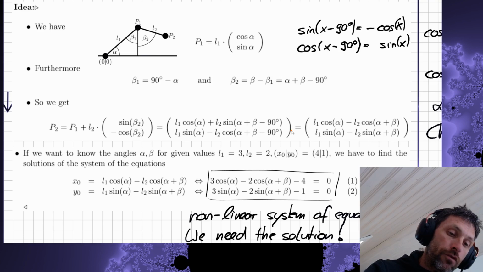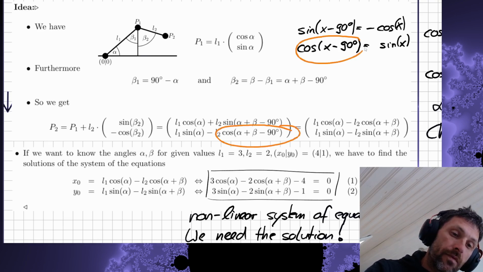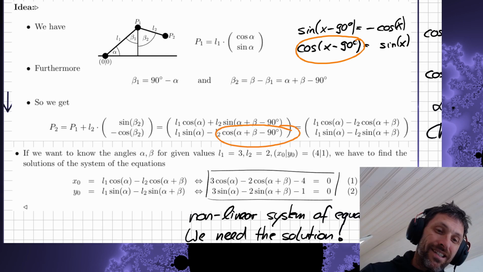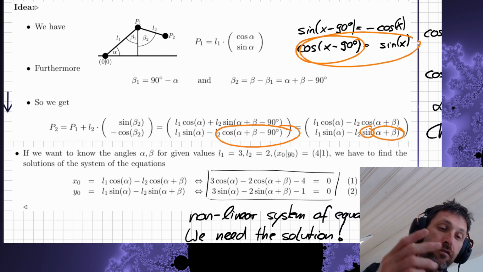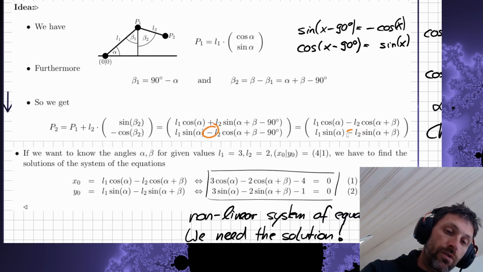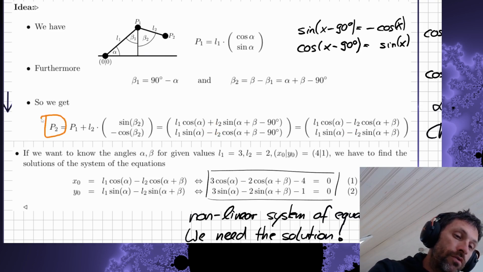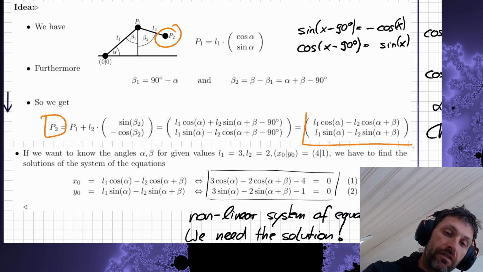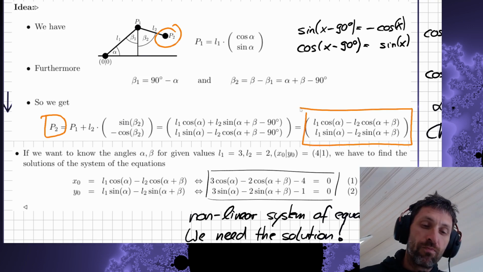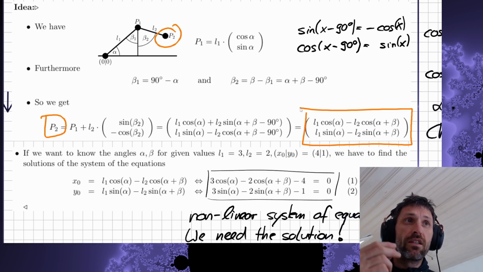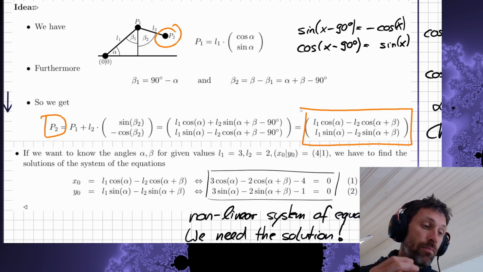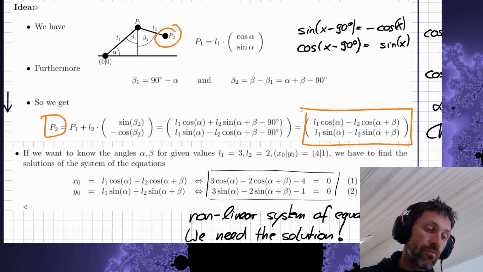And instead of writing cosine of x minus 90 degrees, we can write sine of alpha plus beta, and the sign is also correct. So we have P2, this position is given by these two. And so knowing alpha and beta, we can calculate the position P2.